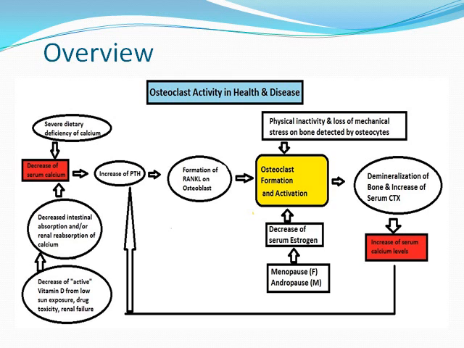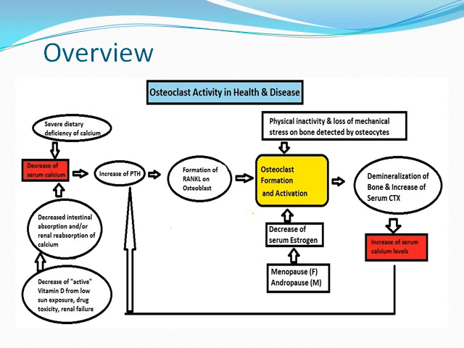Now, there are other ways that osteoclasts can become activated. At the top there it says physical inactivity and loss of mechanical stress on bone, which is detected by the osteocytes, can activate osteoclasts. And if physical inactivity is acute, suddenly someone becomes paralyzed, the osteoclasts become acutely activated, and you can actually get hypercalcemia from that.